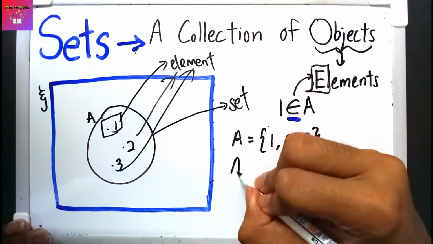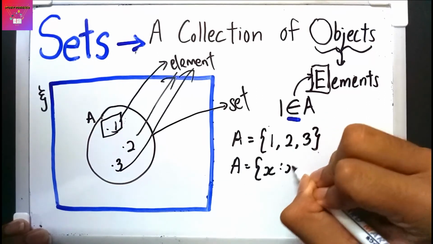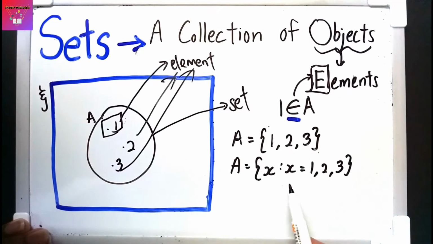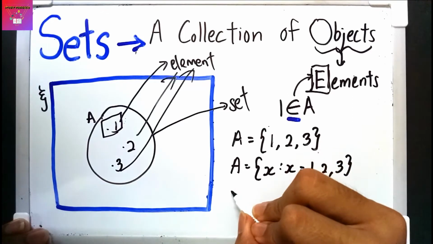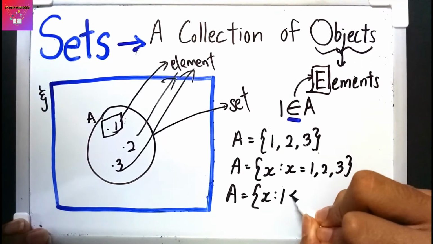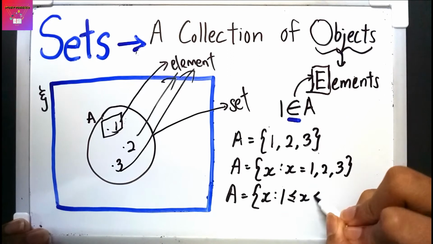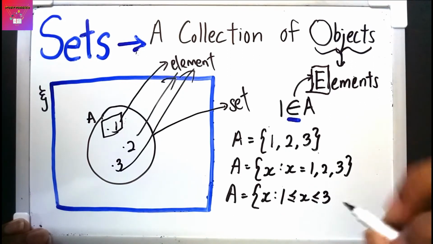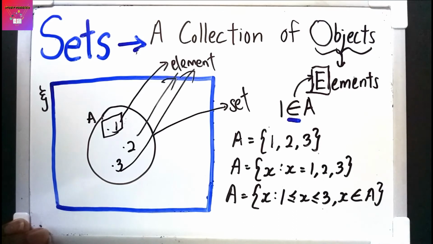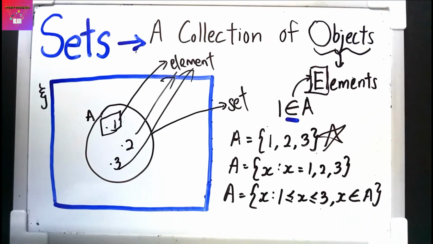Or in a more complex way, you can write it as x such that x equals 1, 2, and 3, which means x is the number of the elements present in set A. Or in another way, which is much more complex, I think, x such that 1 is less than or equal to x, and 3 is greater than or equal to x, where x is an element of A. But I prefer the first method because it looks much easier and clearer for us to understand and to know what numbers or elements are present in a set.